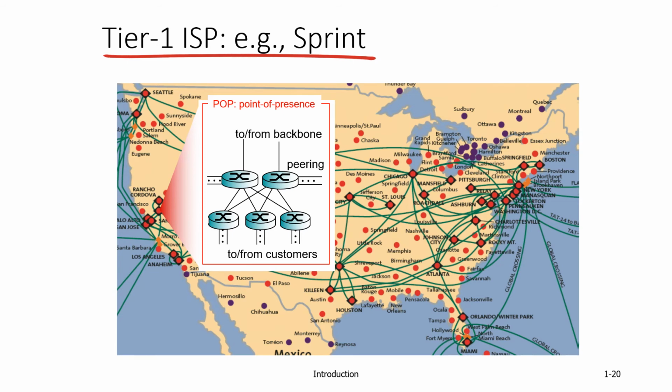These are your access routers or access ISP network. In turn, these are connected to backbone routers. Okay, so we have a hierarchy at each of these points of presence. So the access routers are connected to the backbone network, which in turn is connected to other backbone networks. And that creates a very big or giant network for this particular internet service provider.